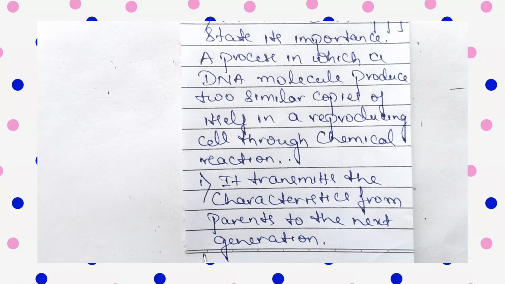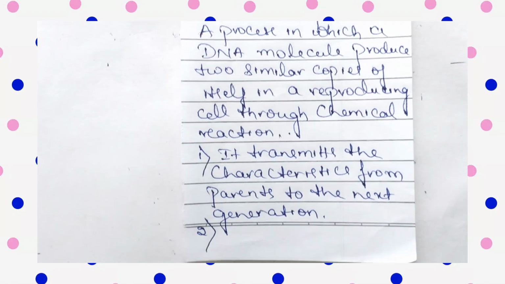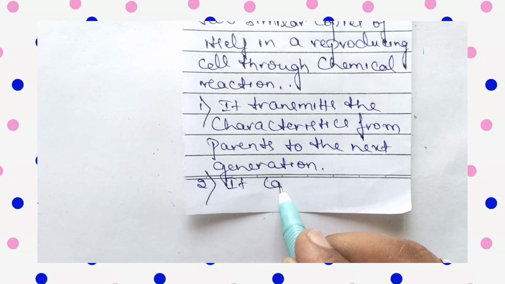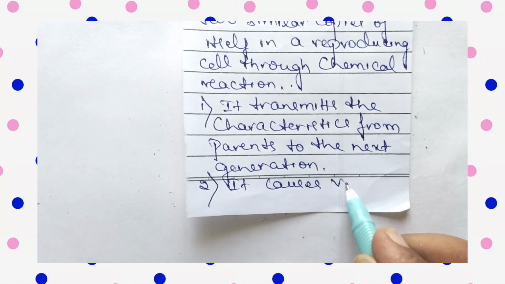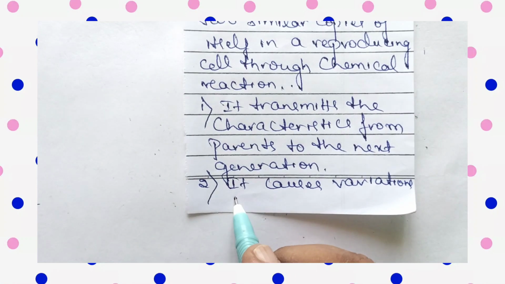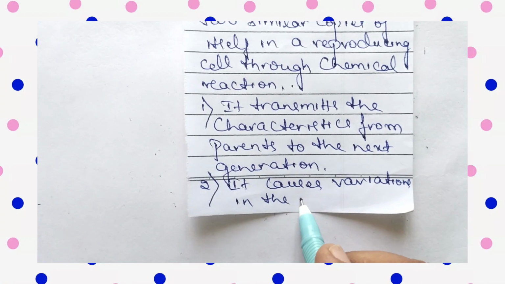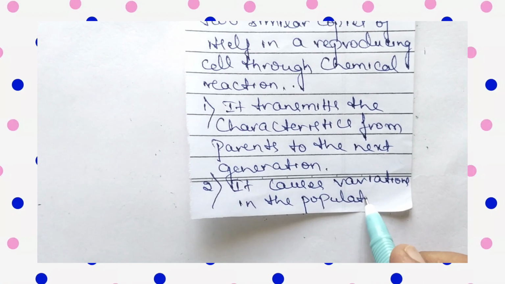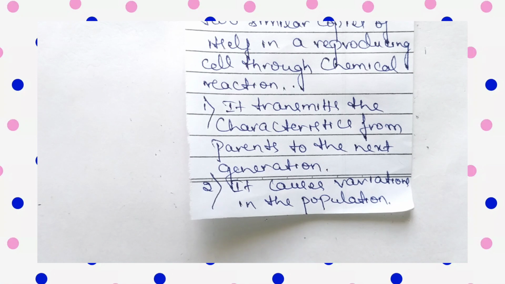This is the first importance. The second importance is it causes variation in the population. This much we have to answer for this question.